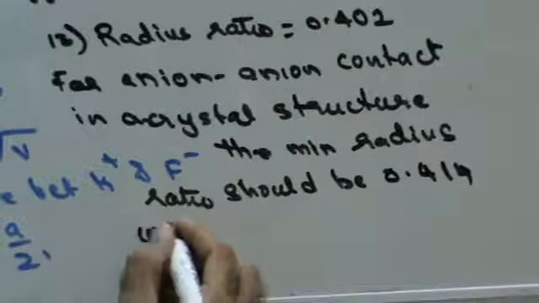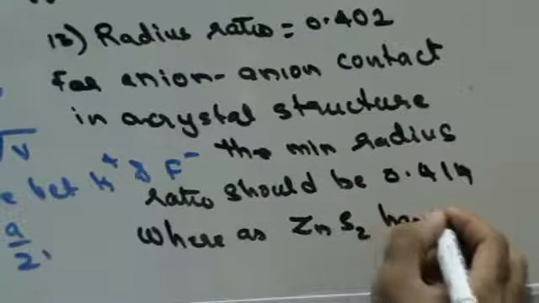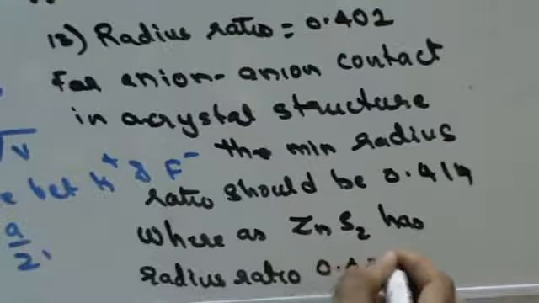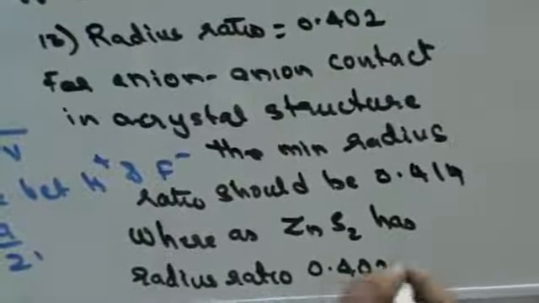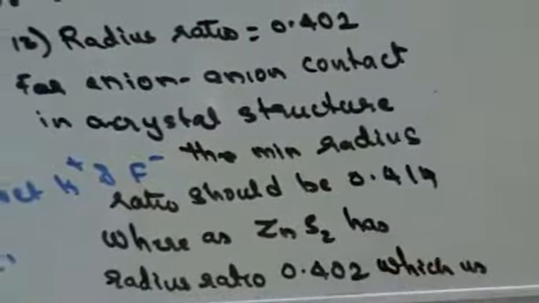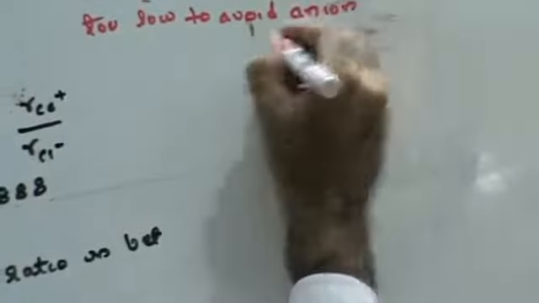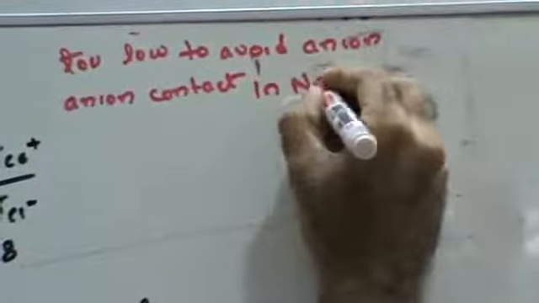Whereas zinc sulfide has a radius ratio of 0.402, which is less than 0.414, which is too low to avoid anion contact in NaCl, right?